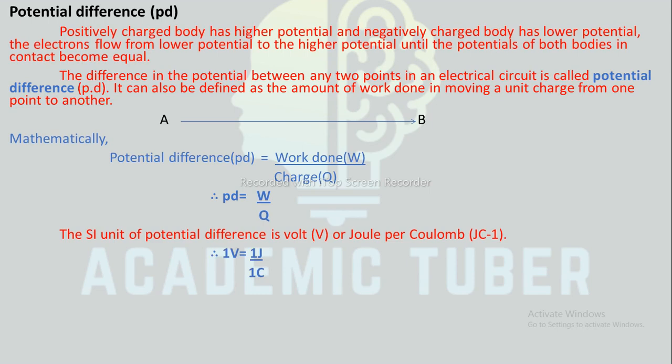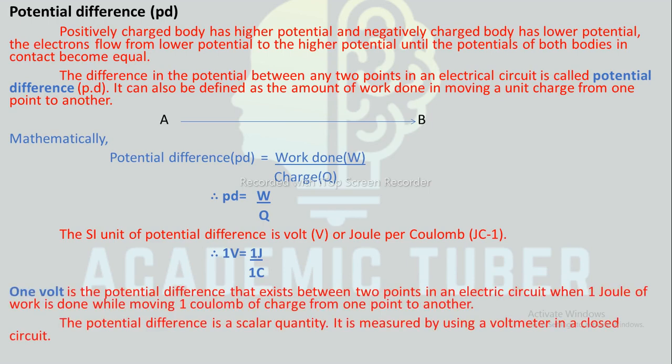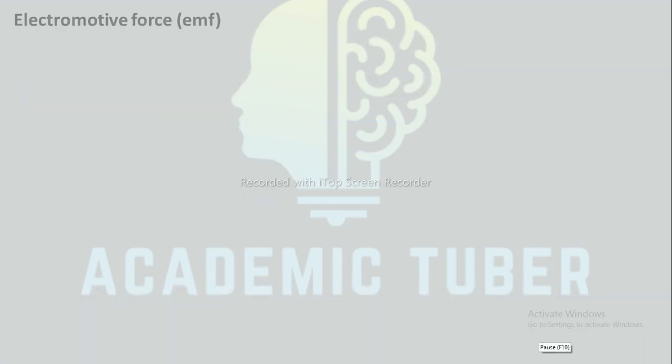So 1 V equals 1 J by 1 C. 1 volt is the potential difference that exists between 2 points of an electric circuit when 1 joule of work is done while moving 1 coulomb of charge from one point to another. The potential difference is a scalar quantity. It is measured by using a voltmeter in an electric circuit.